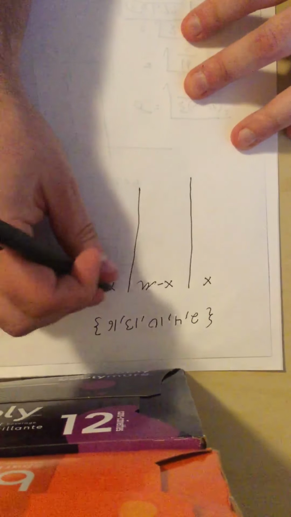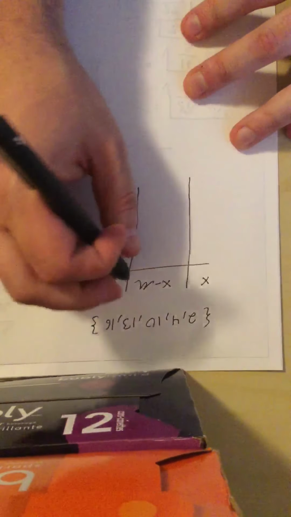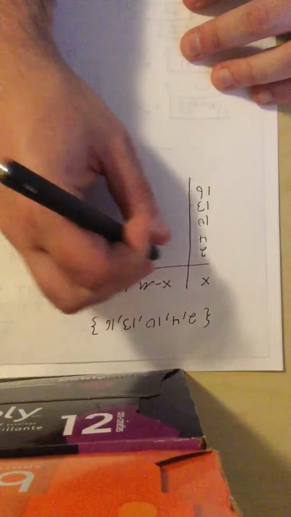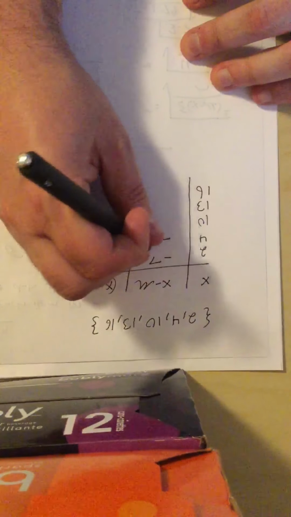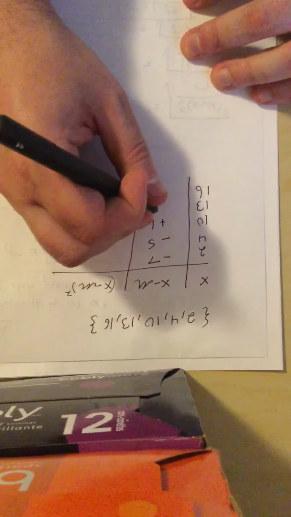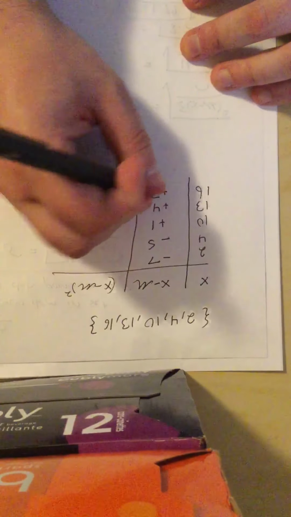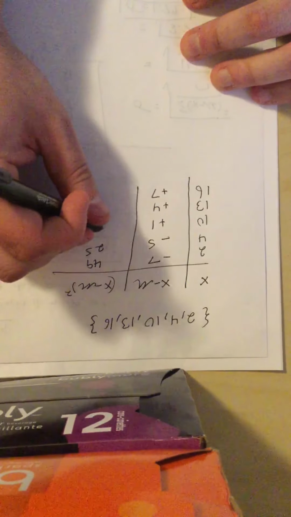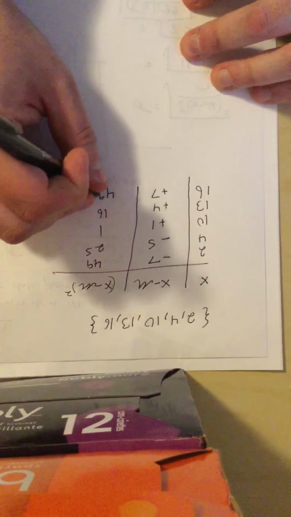X minus mu, squared. Our numbers are 2, 4, 10, 13, 16. The deviations are minus 7, minus 5, plus 1, plus 4, plus 7. Squared, that is 49, 25, 1, 16, 49.